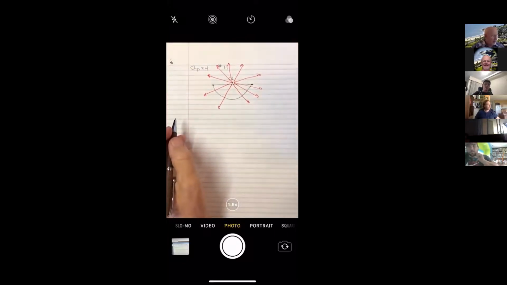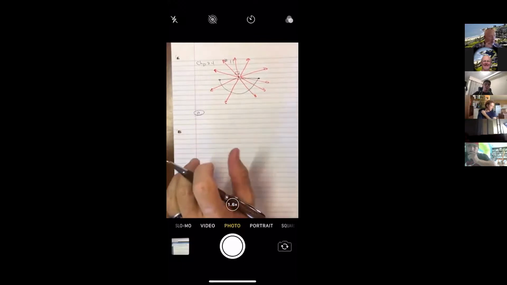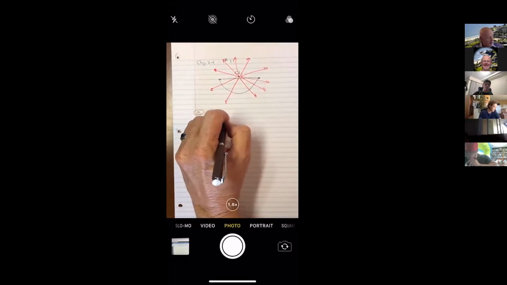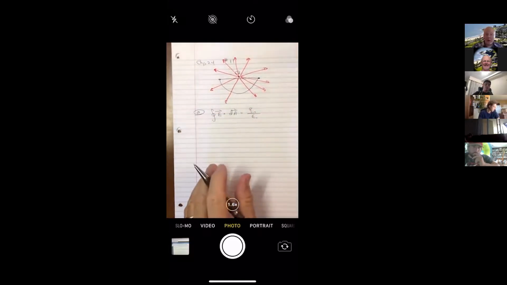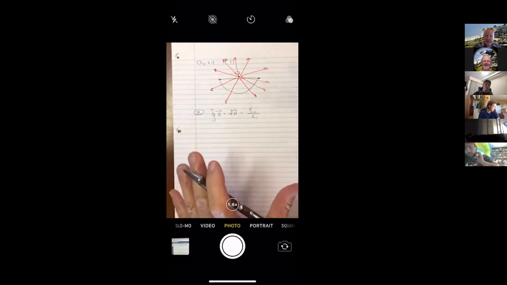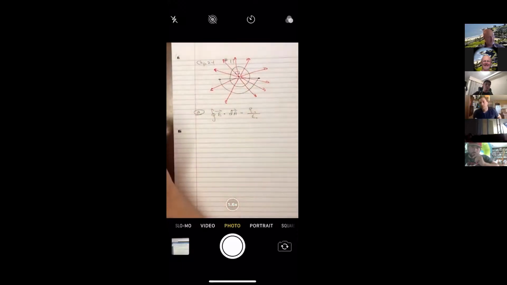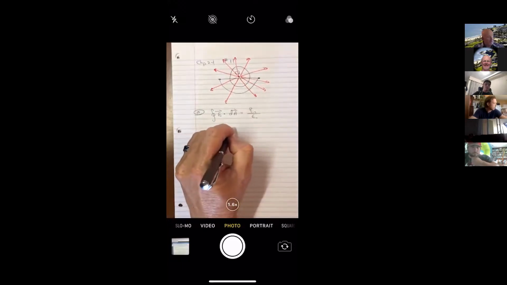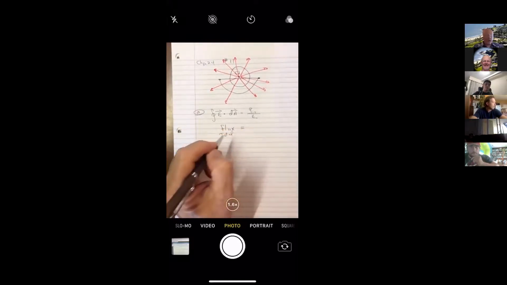See, in A, this is what I would do. I don't know if this is how you did it, but this is how I would do it. I would say in A, if I did a surface that was a sphere, now bear with me, remember that this is not a sphere, this is a hemisphere. But if I did a sphere like this, then this side of the equation would be calculating the total flux.